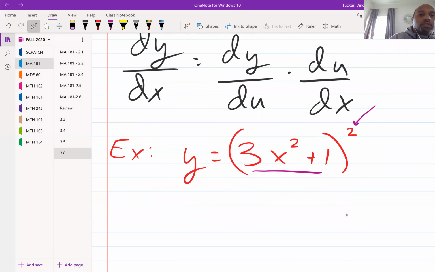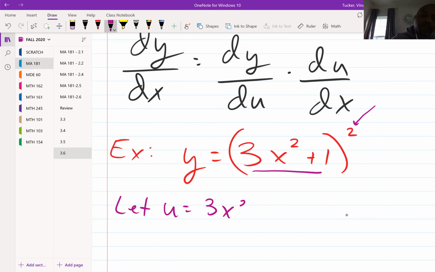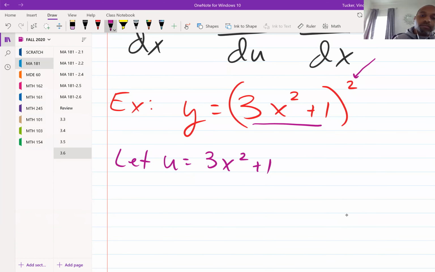So if we let 3x squared plus 1 be u, that means y is equal to u squared.